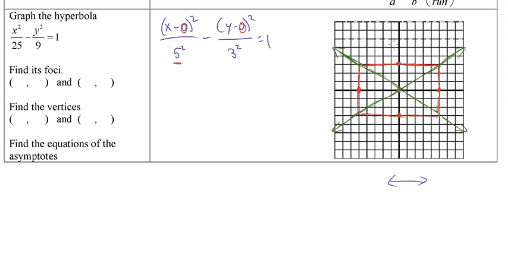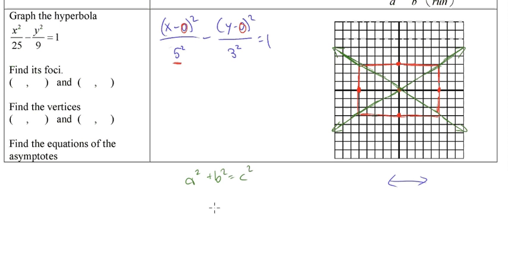We can graph our hyperbola now. Actually, let's go ahead and find our foci first. If we have a squared plus b squared equals c squared, c squared is the longest of the pieces involved, and a squared and b squared are the distance from the center to the vertex and from the center to the would-be vertex.